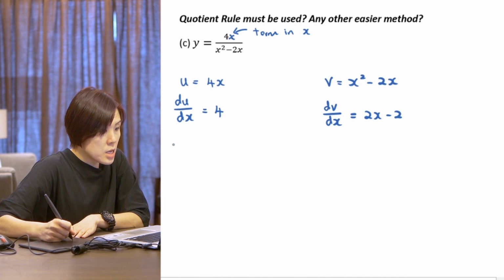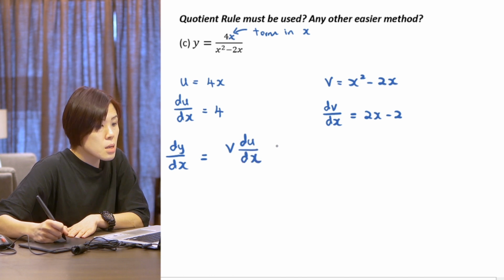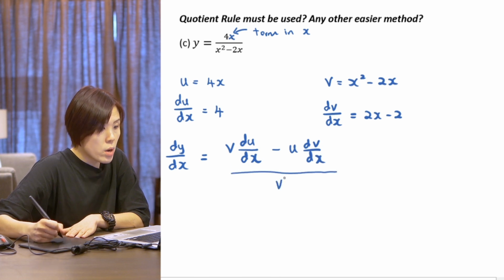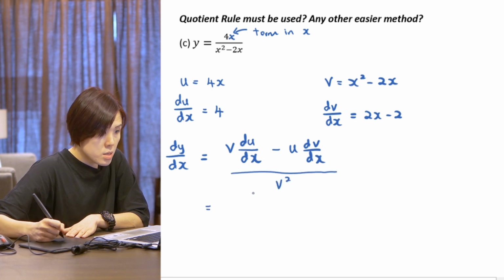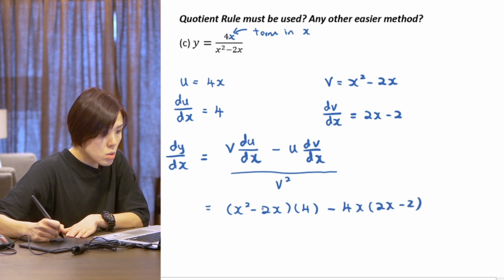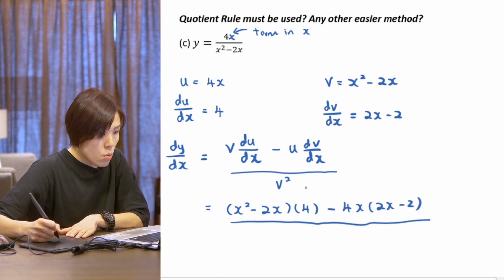Then we will have dy by dx equals v du by dx minus u dv by dx over v squared. So by putting all this in, we will have x squared minus 2x times 4 minus 4x times 2x minus 2 over v squared.